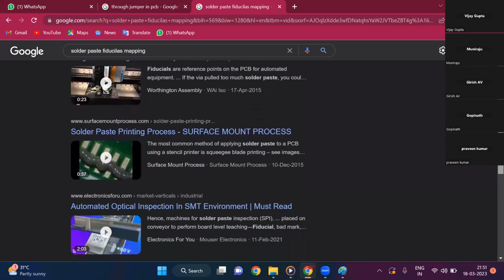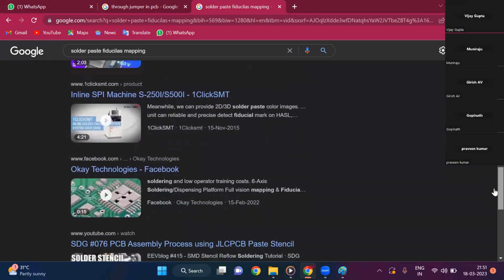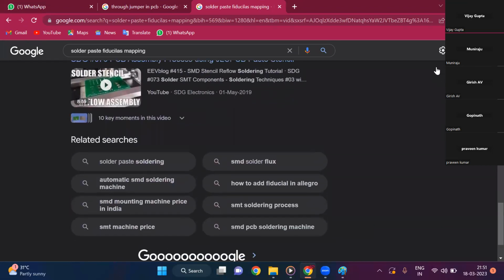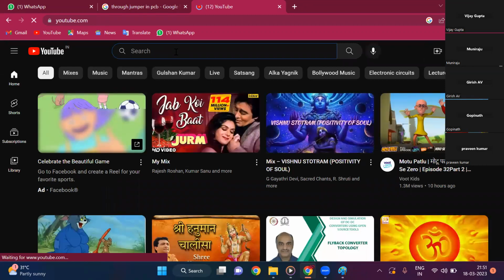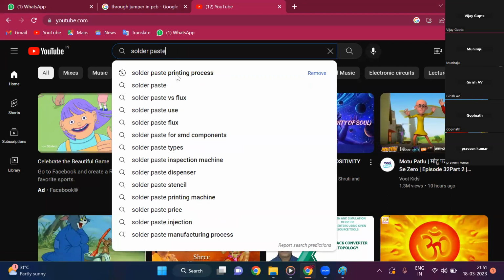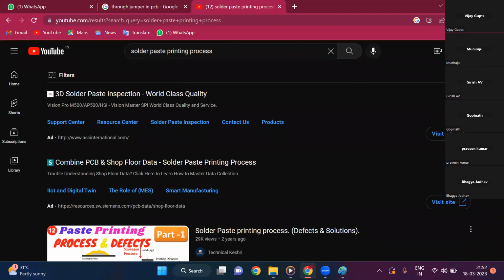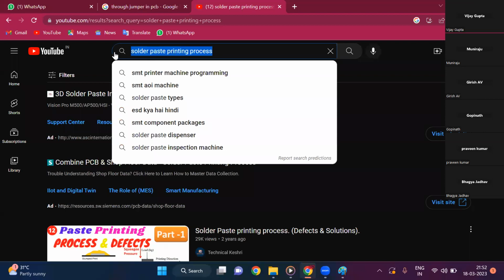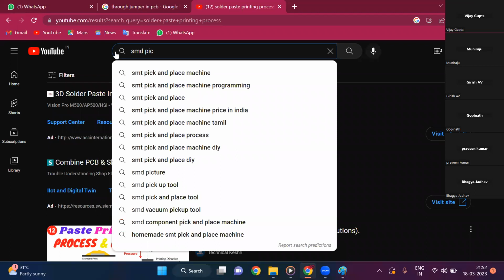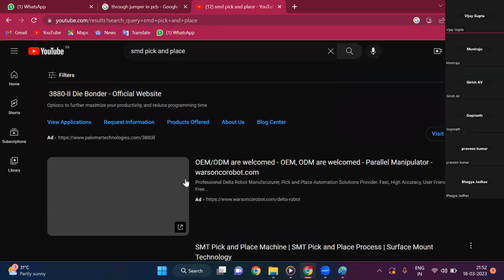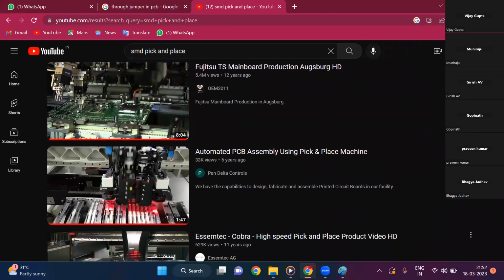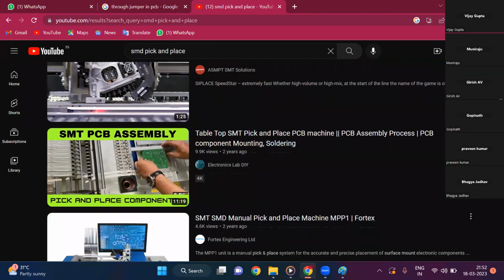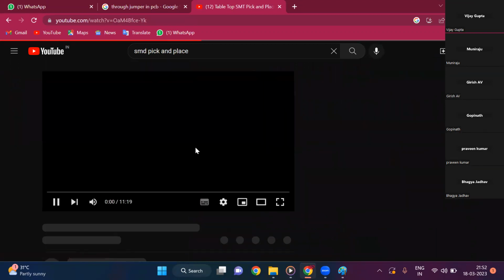They will use a laser, okay, and they will map that. Not from the SMT pick and place. Just see this.